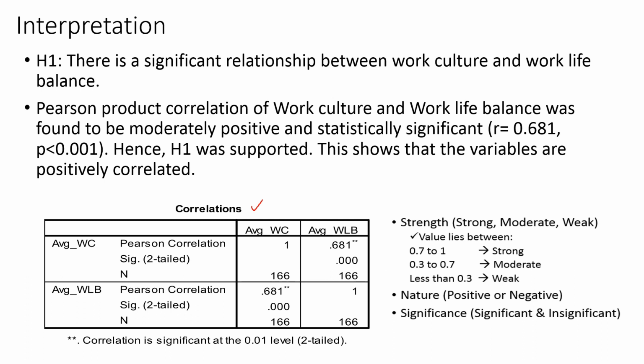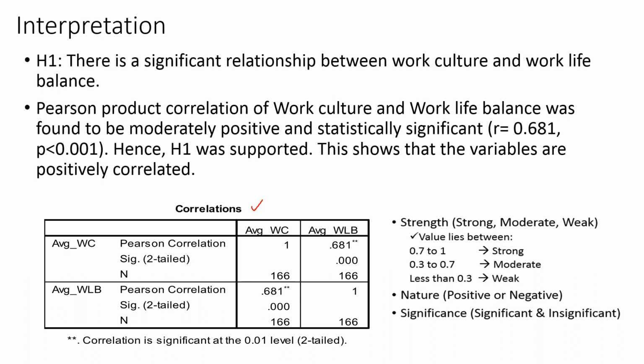In the report, you should not directly copy it from the analysis and paste it in the report. We have to prepare this manually. In the same way you have to prepare a table, your correlation analysis table in your thesis report or project report.